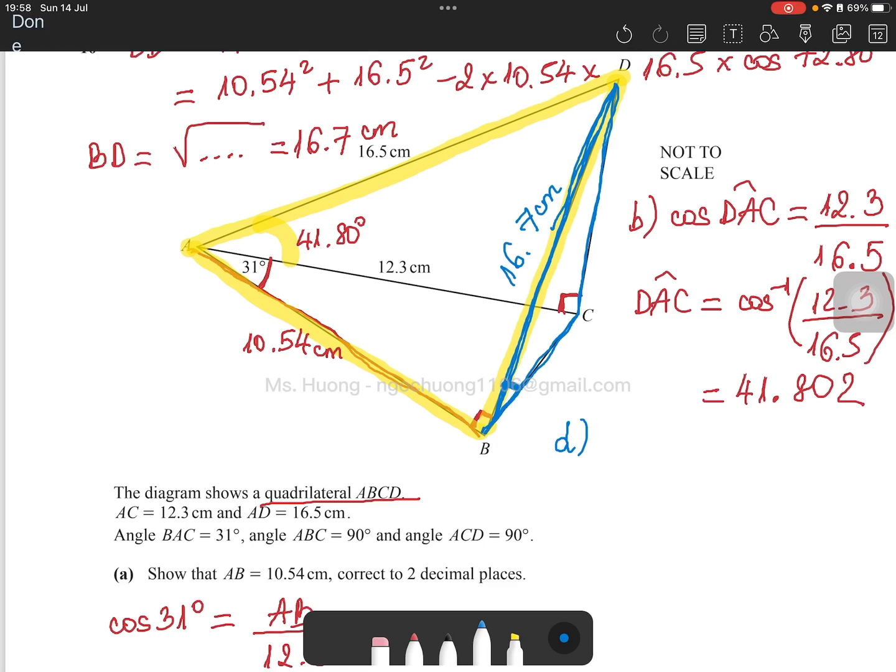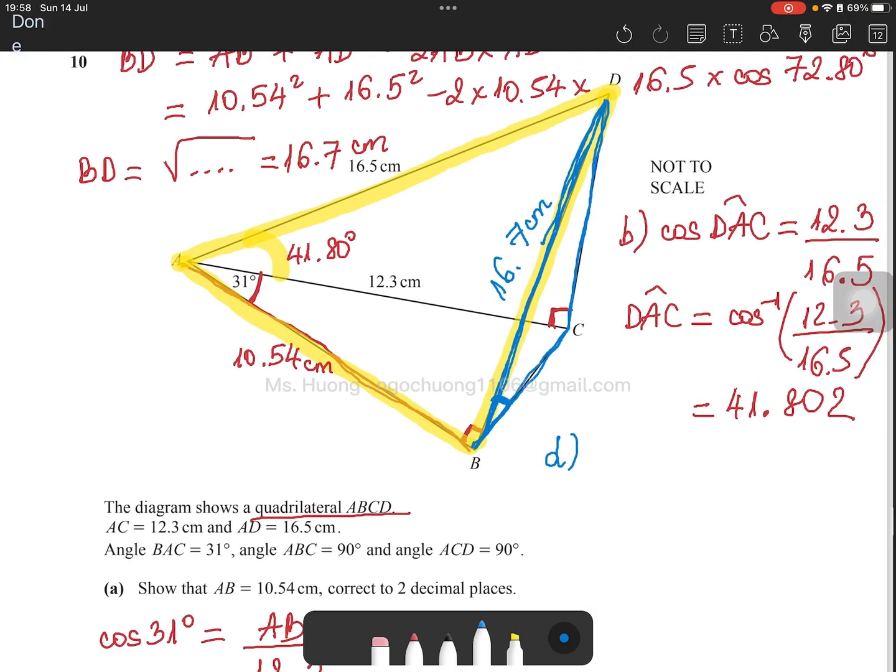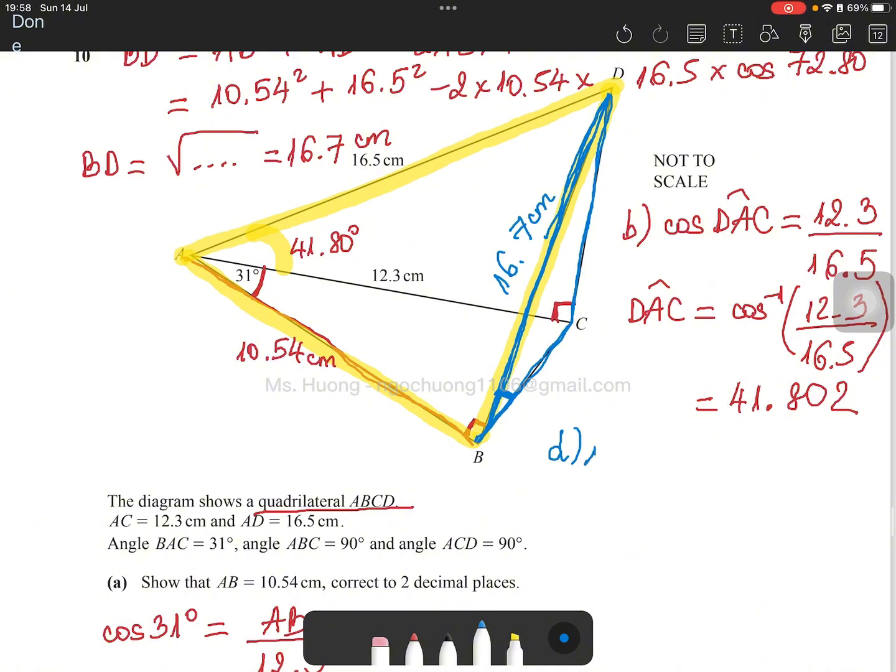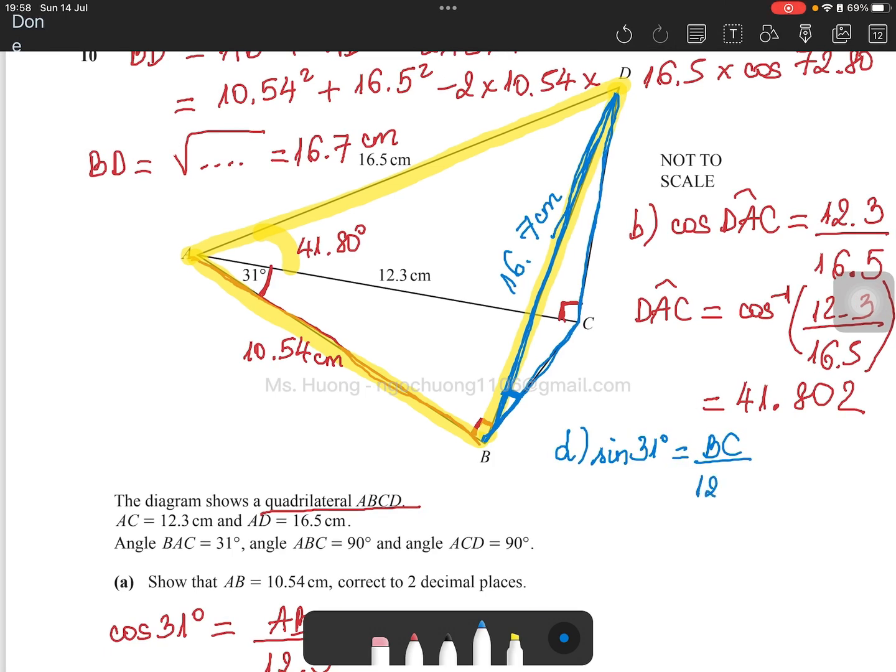BC is a side in the triangle ABC, and BC is opposite to the angle A. AC is the hypotenuse of this triangle, so we use sin. Sin 31 degrees is equal to opposite over hypotenuse 12.3. So BC is equal to 12.3 times sin 31 equals 6.33 centimeters.